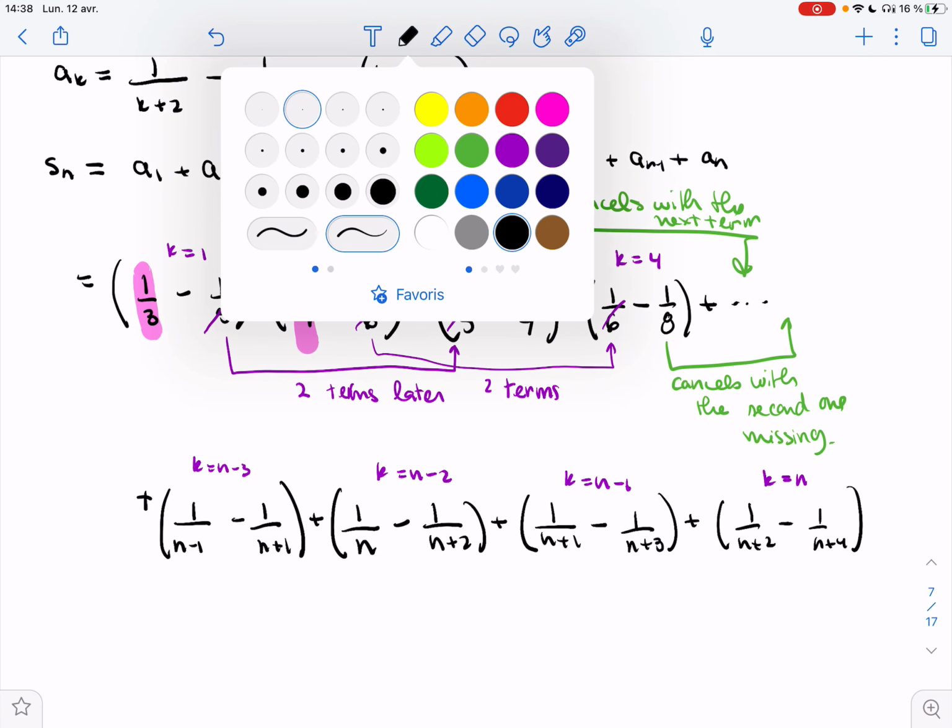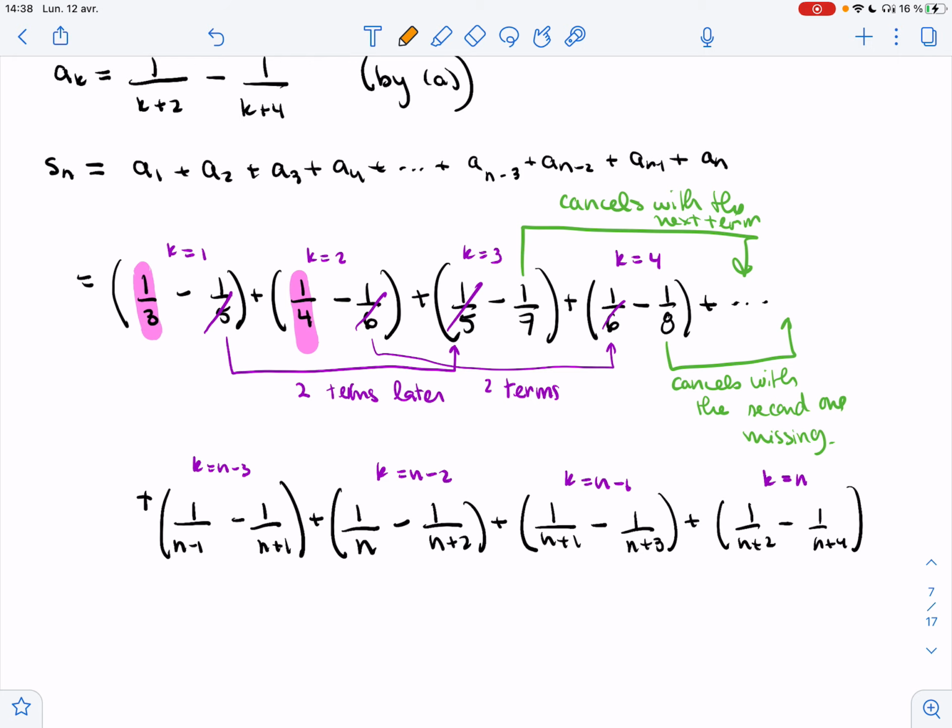Let's see if we can figure out the cancellations. Let's use green. So n plus 2 cancels with 2 terms further out. The first chunk cancels with the term 2 terms before.